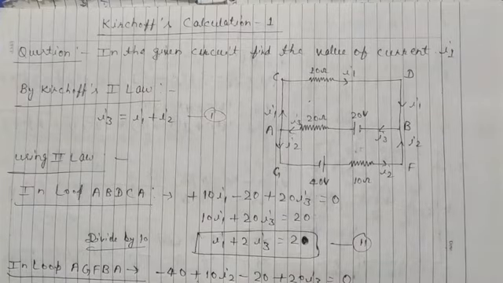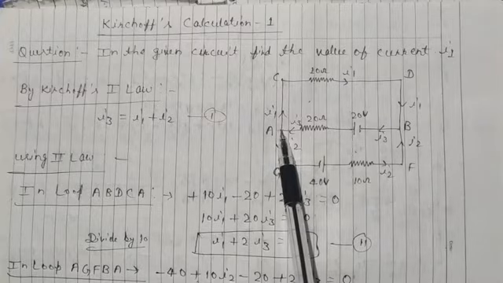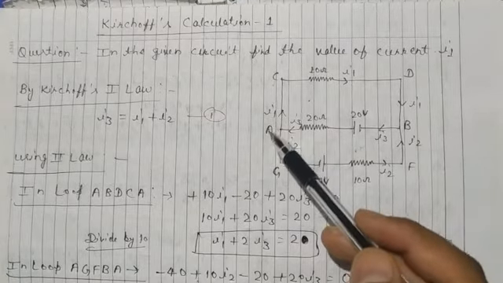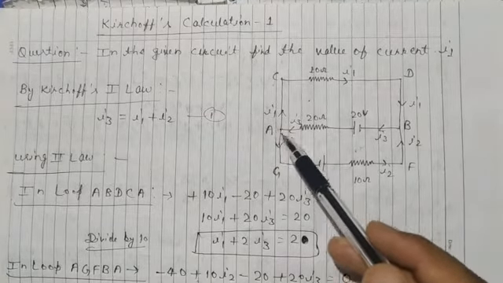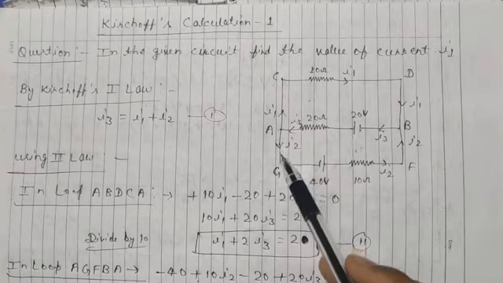According to Kirchhoff's first law, at junction A, current I1 in this direction, current I3 in this direction, and this is I2.